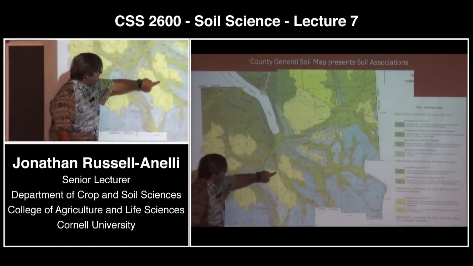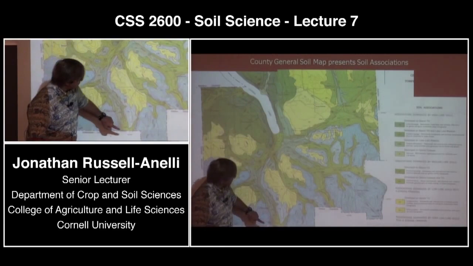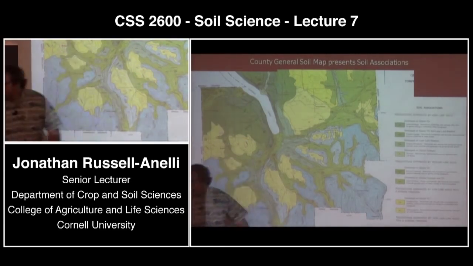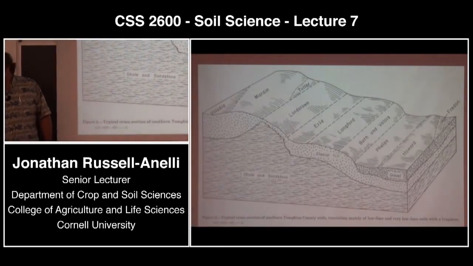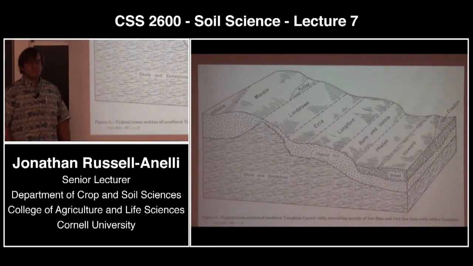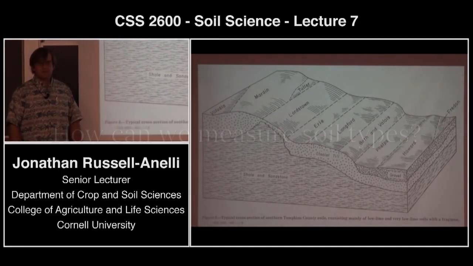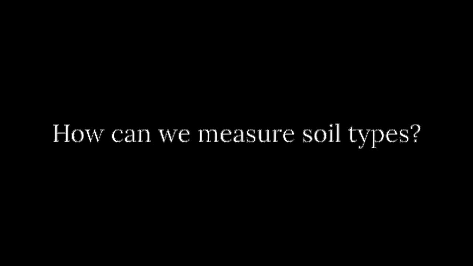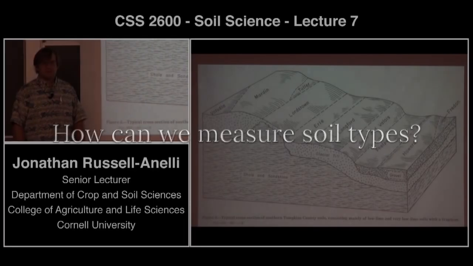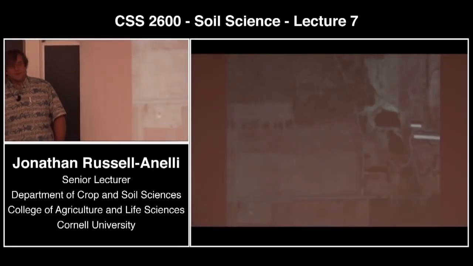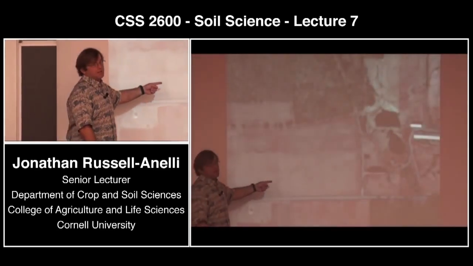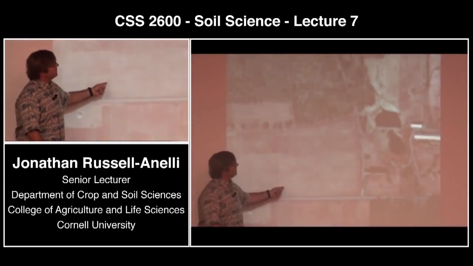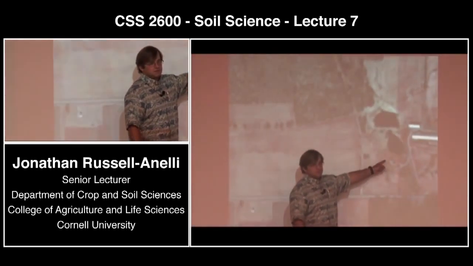But this, all right, so let's do this one. This, the blue, is that. Does that make sense to everybody? Okay. This is where we're going to be going next week. See the ponds down here?